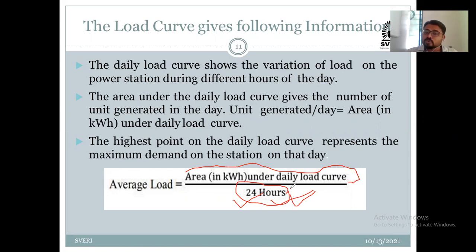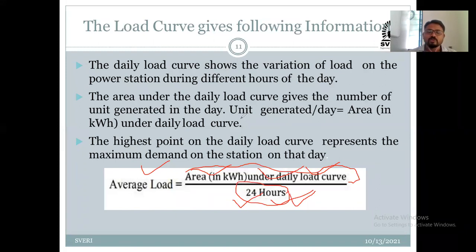So how to find out the average load? The formula for finding out the average load is the area under the daily load curve. जो काय आपण मगाशी लोड कर्व बघितला होता, whatever the area present under that daily load curve, if you divide it by 24, whatever value you get, that is nothing but the average load.